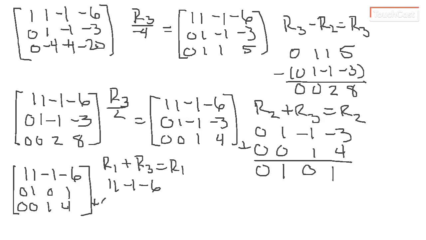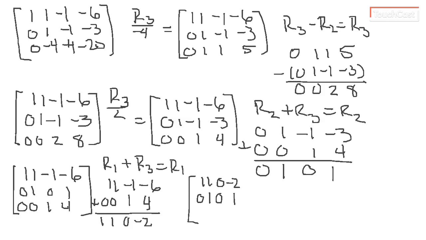I'm going to add to it 0, 0, 1, 4. So we're going to end up with 1, 1, 0, negative 2 for a new first row. So we're not quite in reduced row echelon form, but almost. We're going to have 1, 1, 0, negative 2, and 0, 1, 0, 1, and 0, 0, 1, 4.